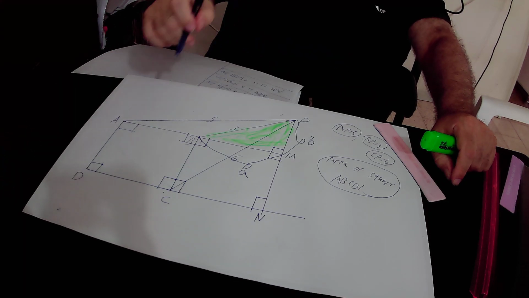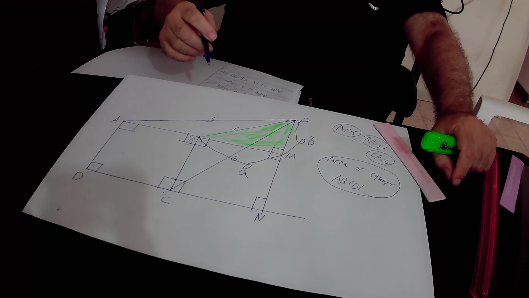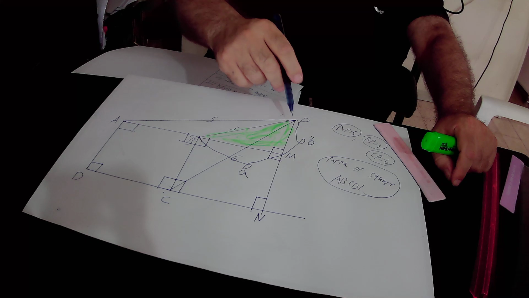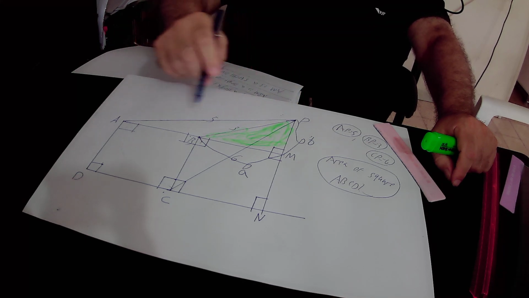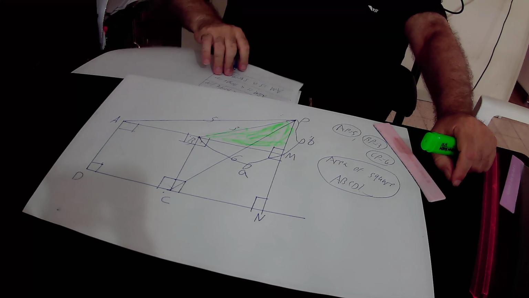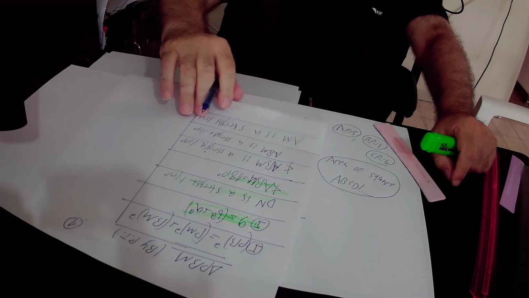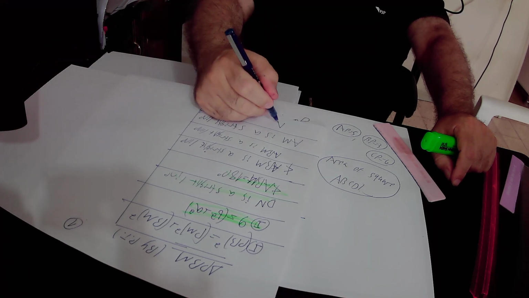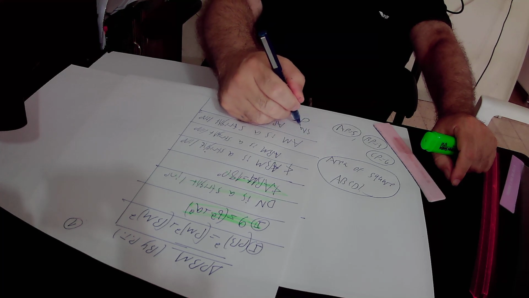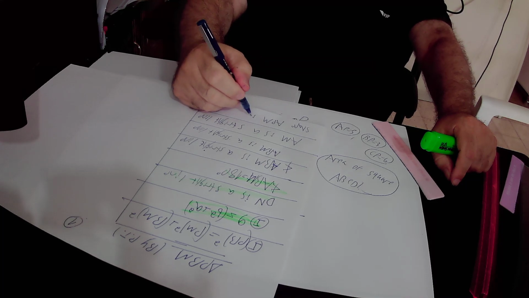And if line segment AM is a straight line, it means that APM is a right triangle. Again, APM is a right triangle. Okay? APM, or shape APM, is a right triangle.